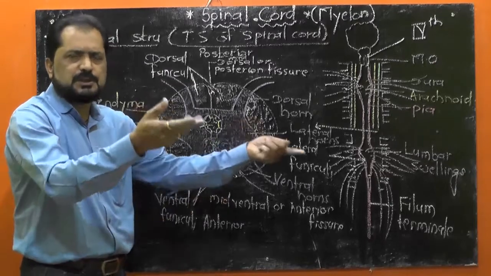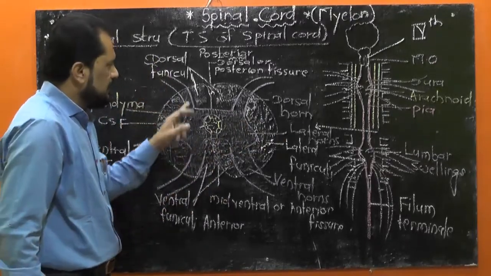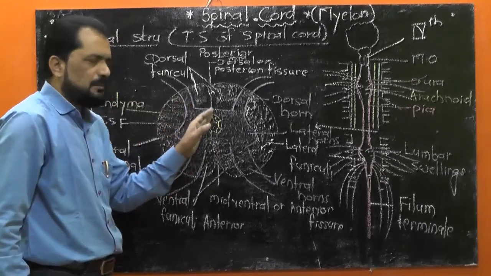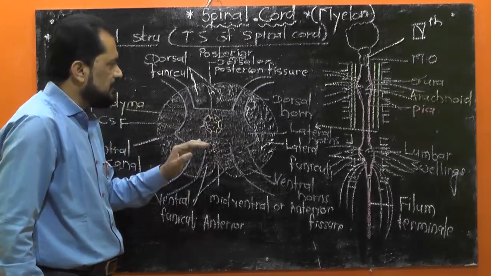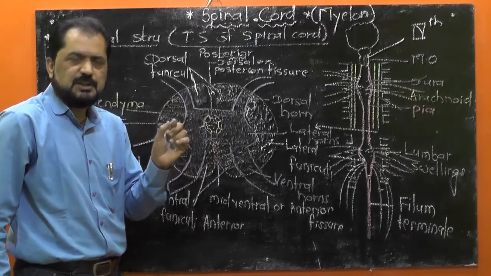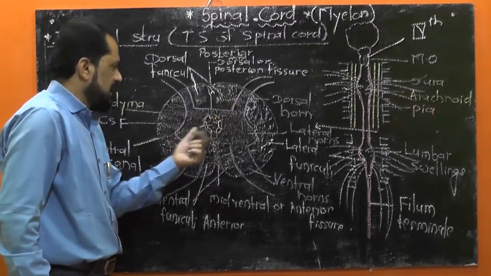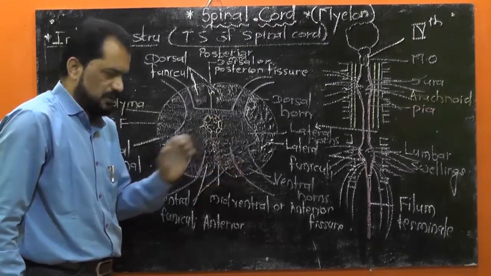How is that? We shall study later on, but temporarily you just remember that being H shaped or butterfly shaped, the gray matter shows 3 pairs of projections, 3 pairs of horns such as dorsal horns, lateral horns and ventral horns.